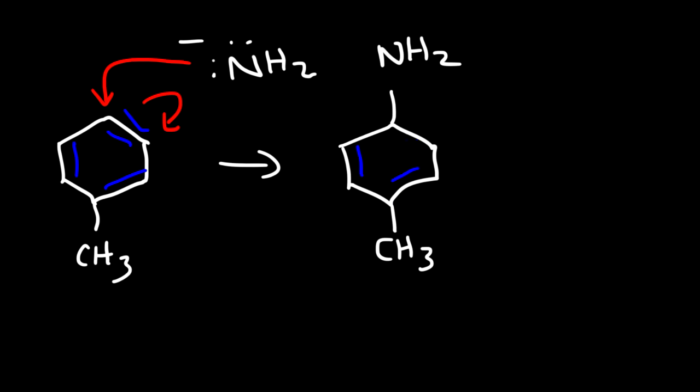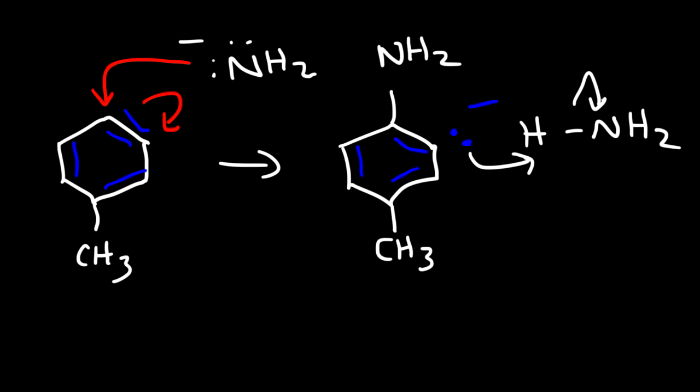And then we know the last step is to add a hydrogen. So this is going to react with the solvent, which is ammonia. And then we're going to put a hydrogen on that carbon. And so this will give us the para product.